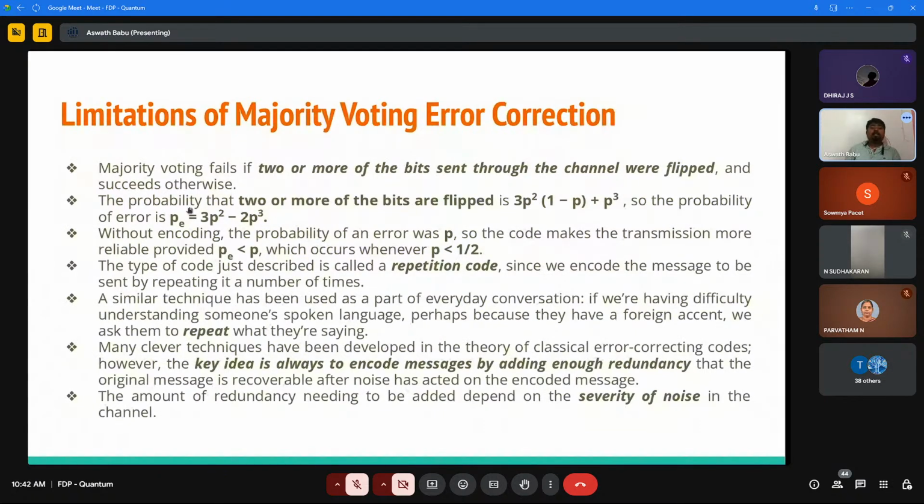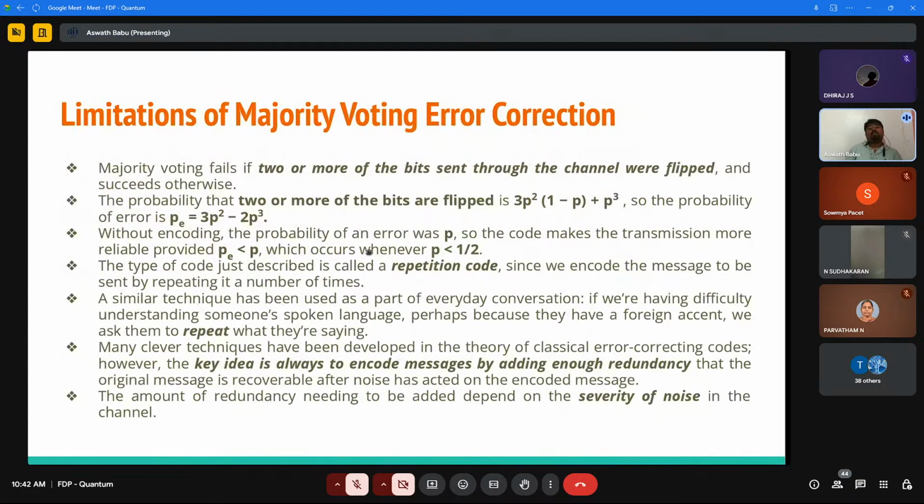Okay, fine, that is there. Now, if the probability of any single bit flipping is less than half, fine, no problem. Overall error is under control. If p is greater than half, which means two bits are going to be flipped without my intervention, with more than 50% error, in that case I will be in serious trouble, because the probability of error is going to be more than 50%.